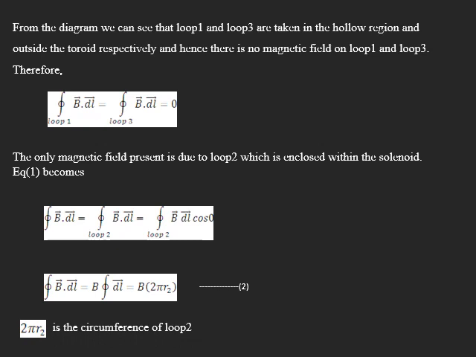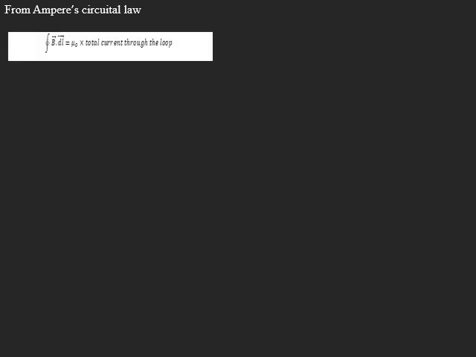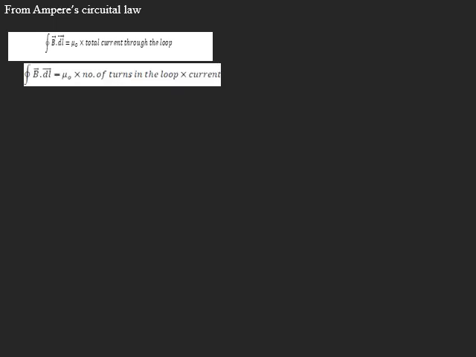2 pi r2 is the circumference of loop 2, wherever the magnetic field is present. So, Ampere's circuital law again: integral B dot dl is equal to mu naught into the total current through the loop. So B dot dl is equal to mu naught into the number of turns in the loop into the current.